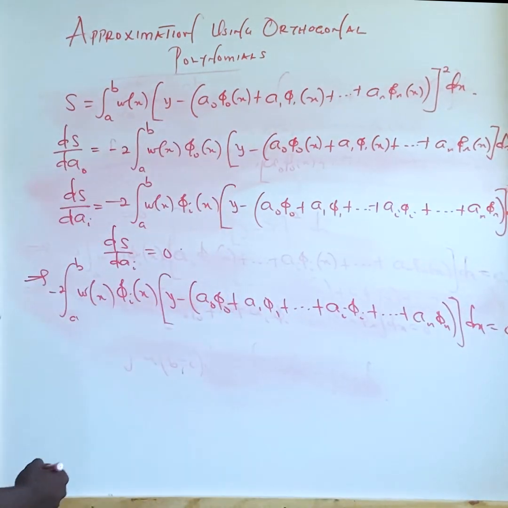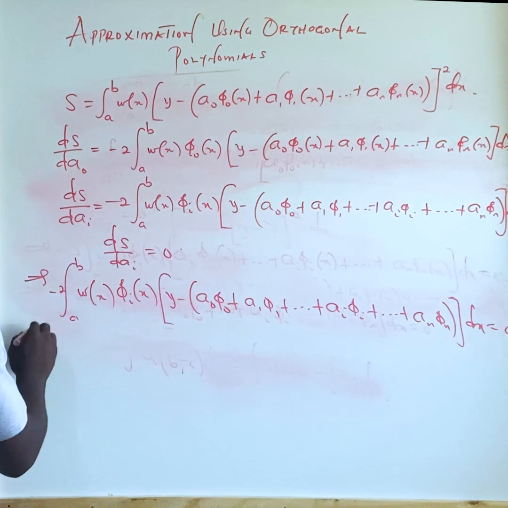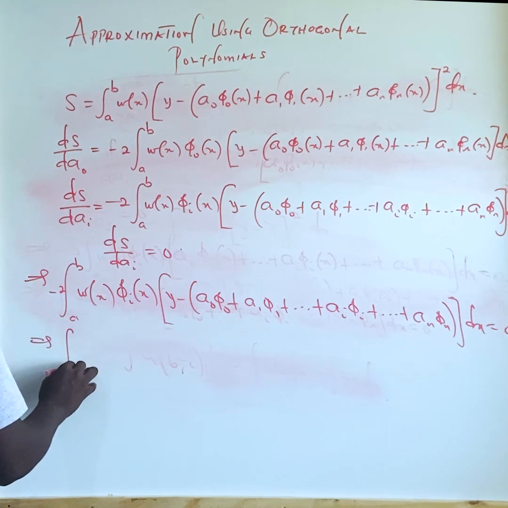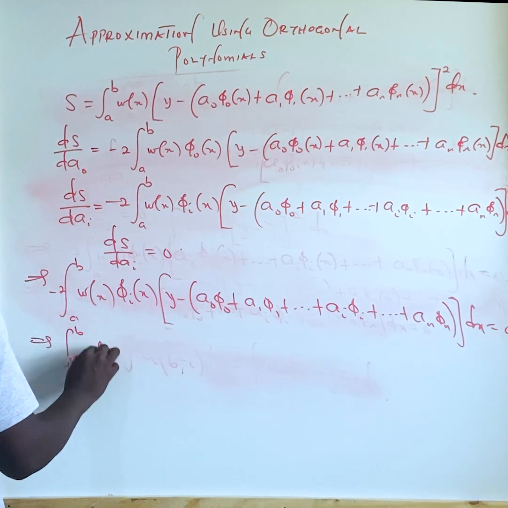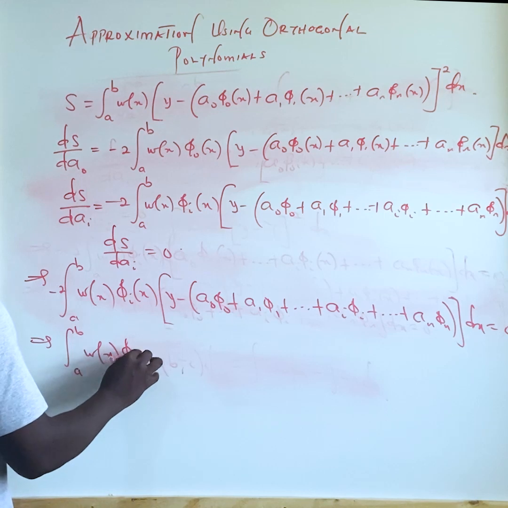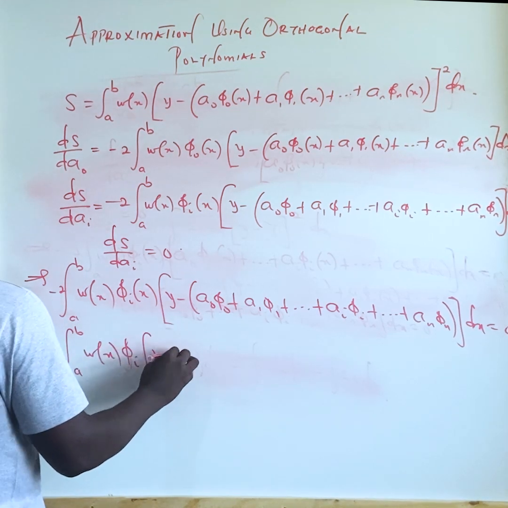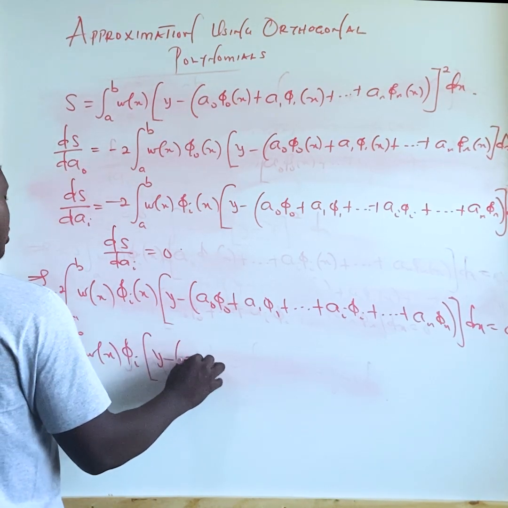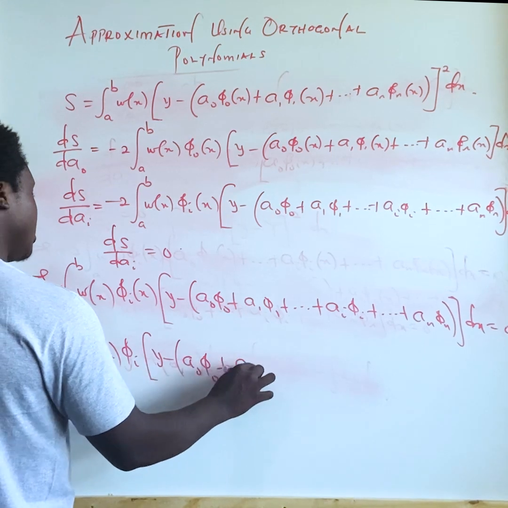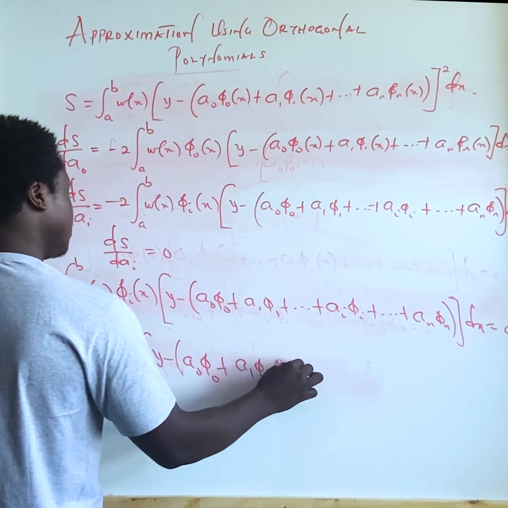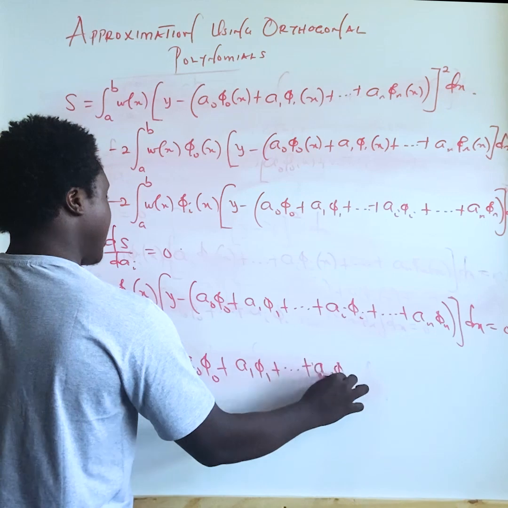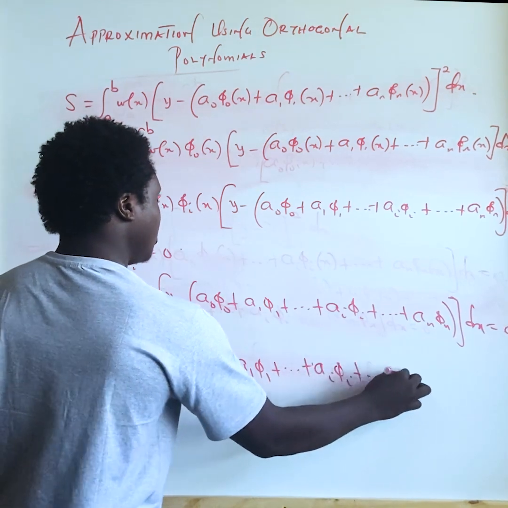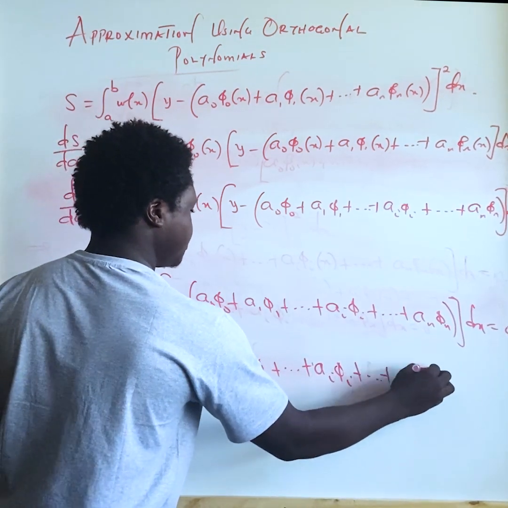By implication, we can drop the minus 2. So we have this to be integral a to b omega x phi_i, y minus a_0 phi_0 plus a_1 phi_1 plus a_i phi_i, then it gets to a_n phi_n.